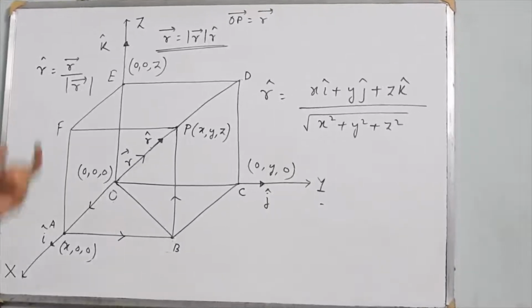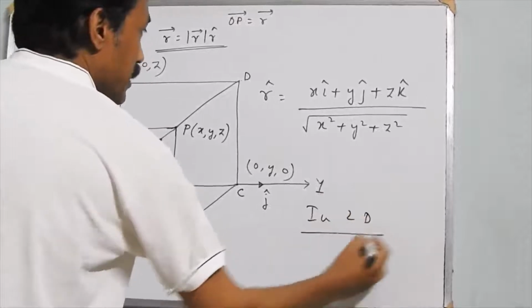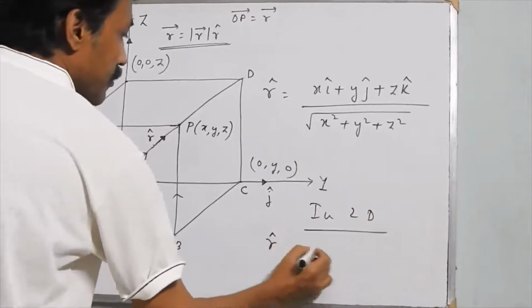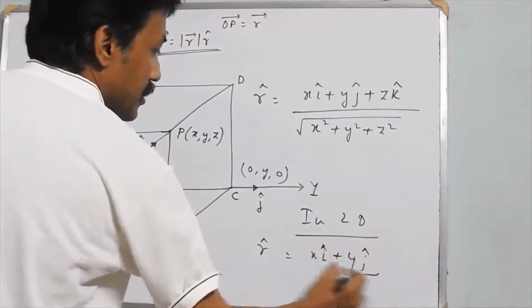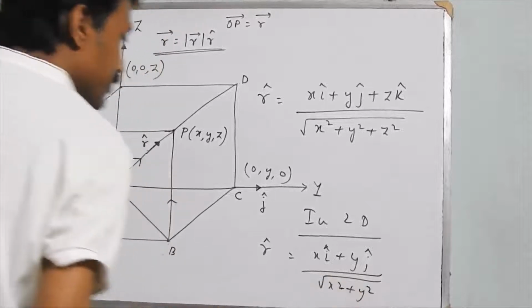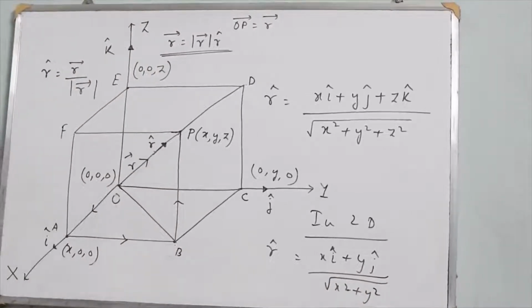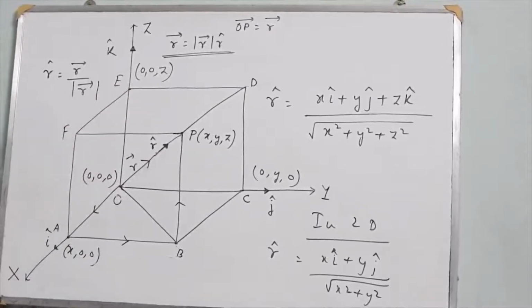And in two dimensions, similarly, r hat will be x i hat plus y j hat by root over x square plus y square. So now it becomes very easy to find the unit vector along the position vector.